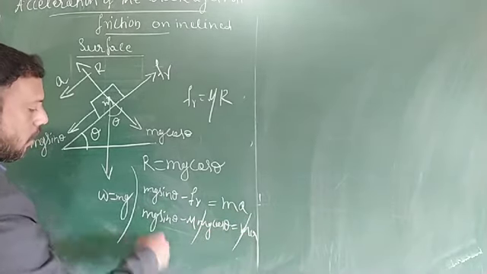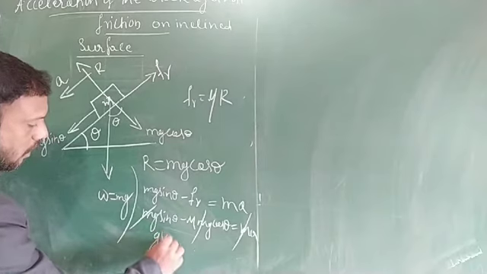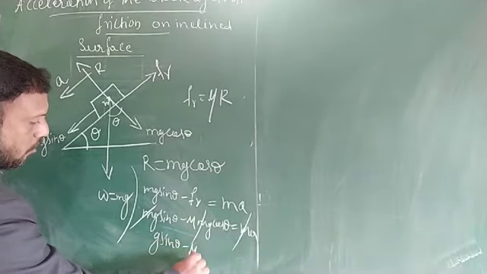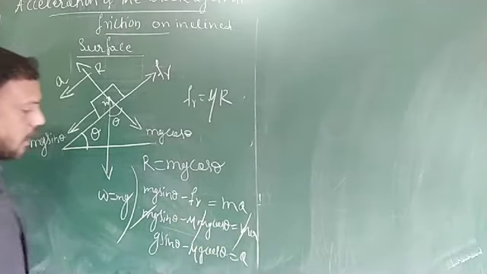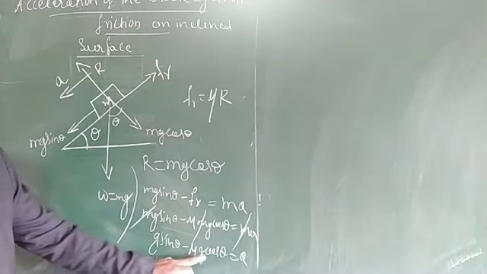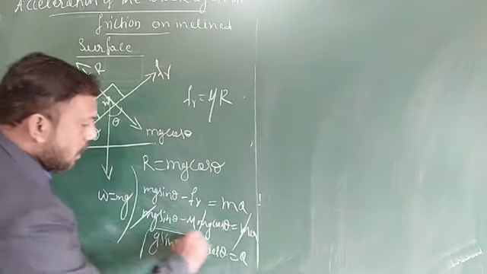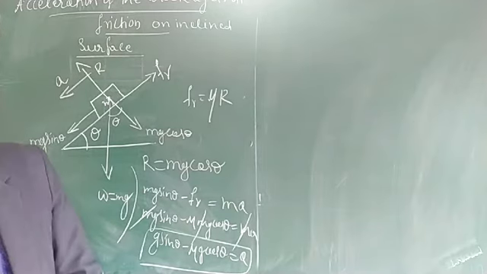Here m on both sides cancels. The remaining terms: g sin theta minus mu g cos theta is equal to acceleration a. g sin theta minus mu g cos theta is the acceleration of the block against friction on an inclined surface.